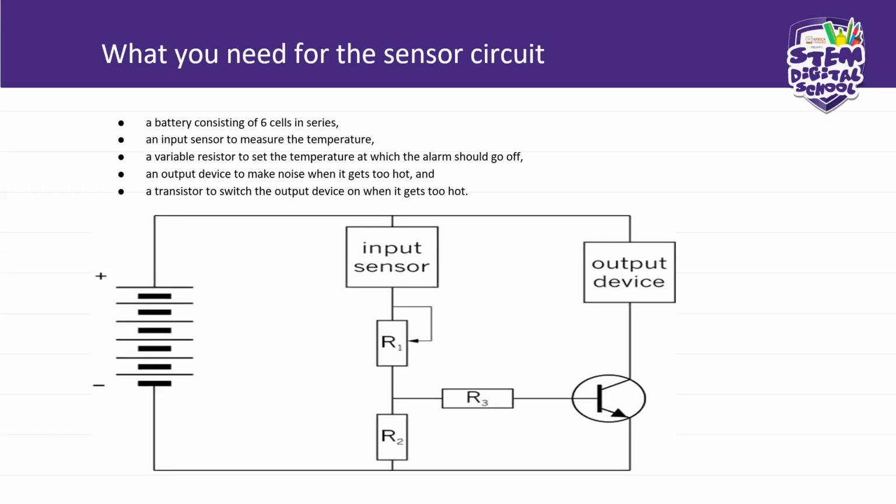Now, it's important that you learn how this circuit is connected. You understand how you connect the variable resistor, and then you understand how you will connect the transistor. That's very important, because then your teacher will give you the values of these resistors.